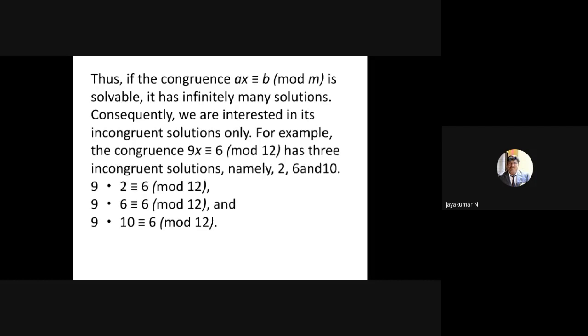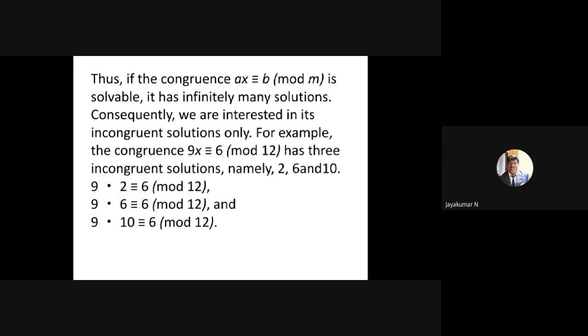So consequently, we are interested in its incongruent solutions. You know the congruent; now we are going to discuss incongruent solutions. Consider the congruence 9x congruent to 6 mod 12, which has 3 incongruent solutions.